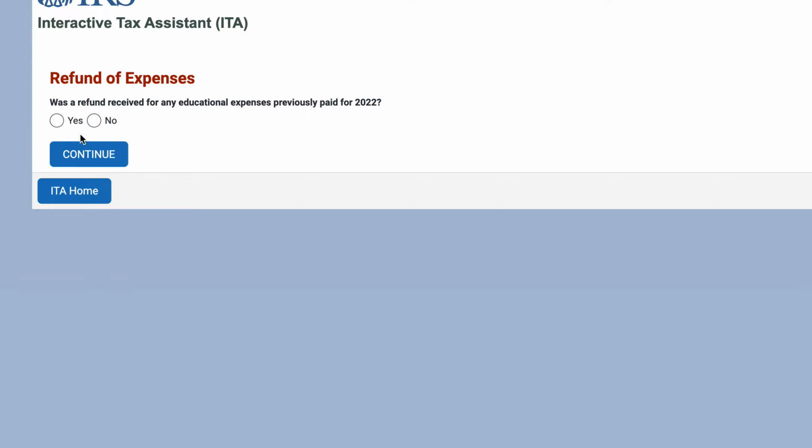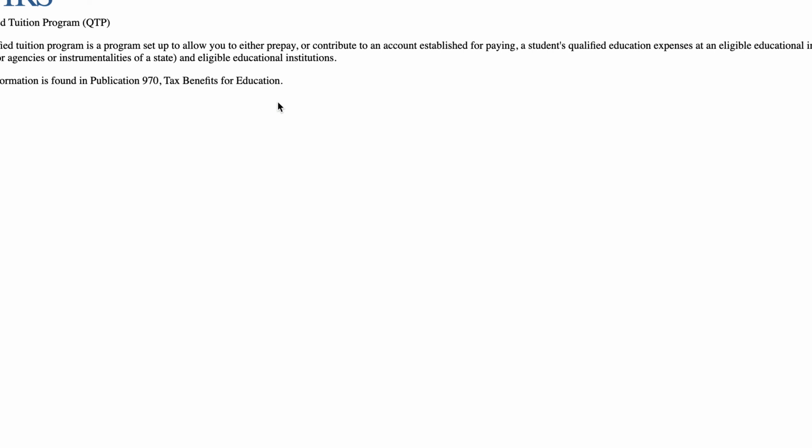Did you receive a refund for any previously paid expenses? Was a distribution from either a Coverdell ESA or a 529 plan? If you select the qualified tuition program, that's the definition as the IRS states: a program that allows you to prepay or contribute to an account established for paying expenses. Anything like a 529 plan or prepaid tuition plan, the IRS calls those qualified tuition programs.